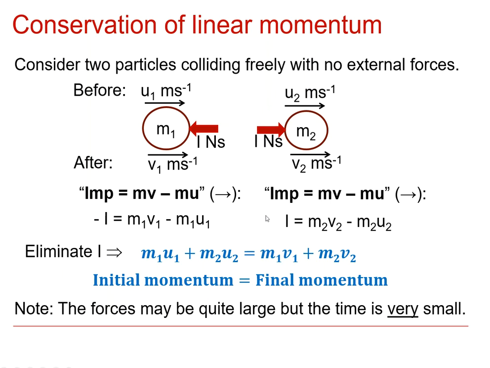So that means we can combine these two equations together, eliminating I, and rearrange to make this, which is essentially saying that the total initial momentum, the momentum of the two particles before the collision, is equal to the total final momentum. And so that's called conservation of momentum, because it's the same value before and after.